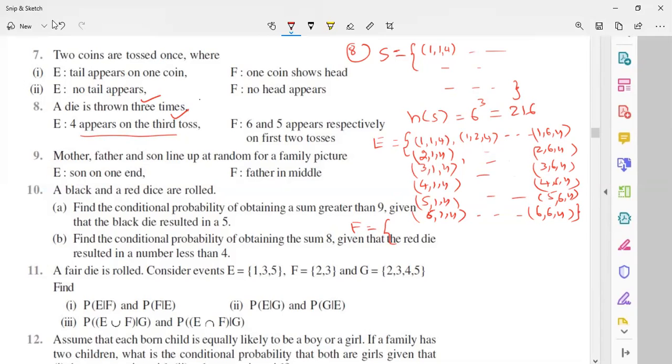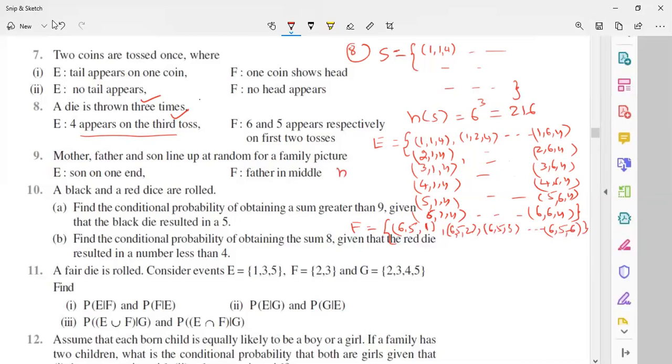So if 6, 5 is coming, it can come with 1, 2, 3, 4, 5, 6. 6, 5, 1 means first 6 and second 5. 6, 5, 1, 6, 5, 2, 6, 5, 3, like this it will go up to 6, 5, 6. So only 6 possible cases.